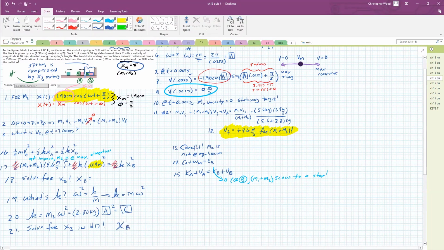After the collision, M1 and M2 for me are going to be bouncing back and forth with this amplitude.